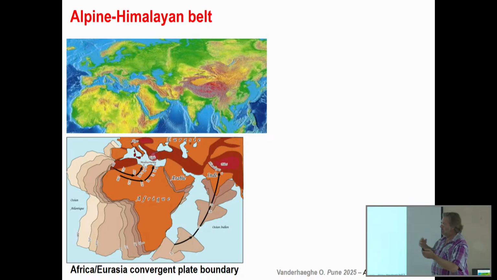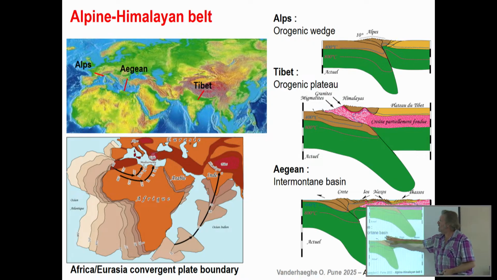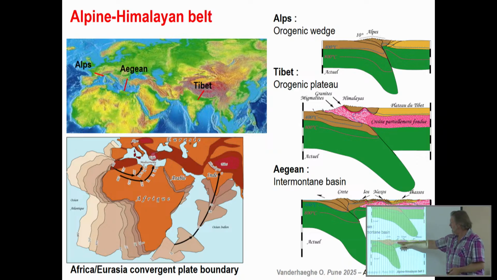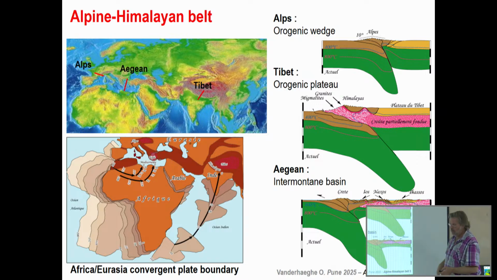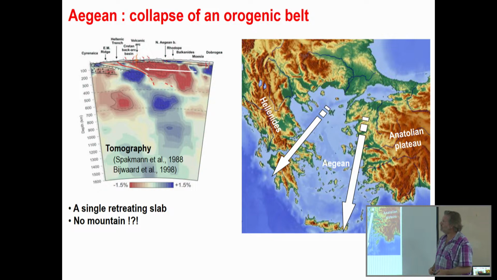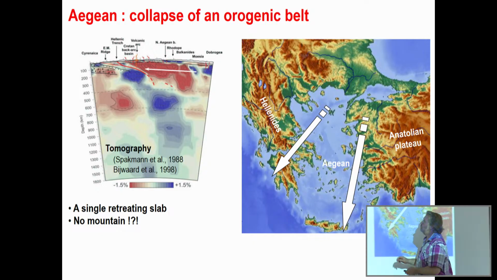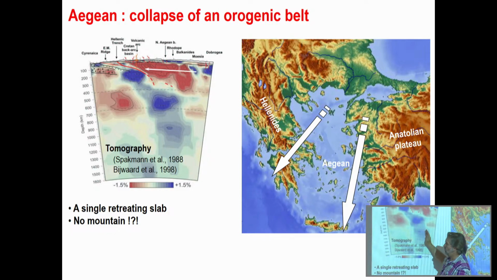It's the same Africa-Eurasia convergence setting, but a very different situation with some kind of a mountain on the edge, Crete and the Hellenic Trench, and then an intermountain basin and another mountain on the side here. In terms of seismic tomography, it also shows one single plate subducting towards the north.